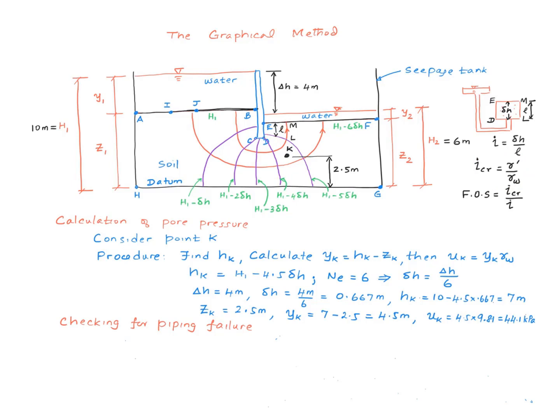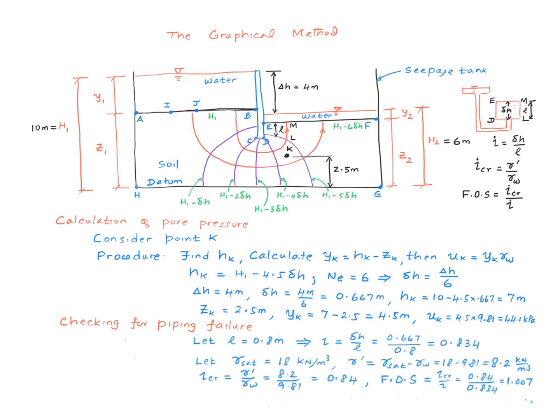And then usually we define a factor of safety against piping by this ratio here, i critical divided by i. So you want this ratio to be as high as possible, obviously, so definitely greater than 1, and maybe 1.5, 2, something like that. So here I picked some numbers just to illustrate how we do these calculations.